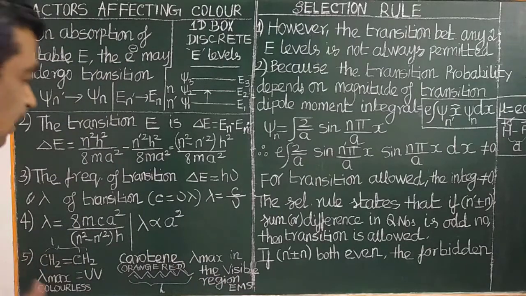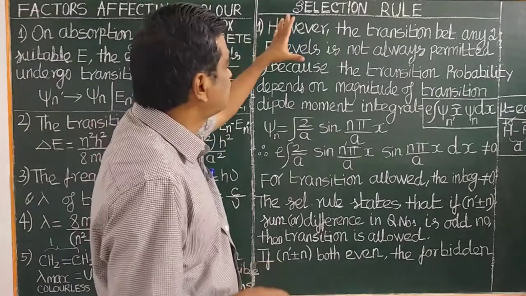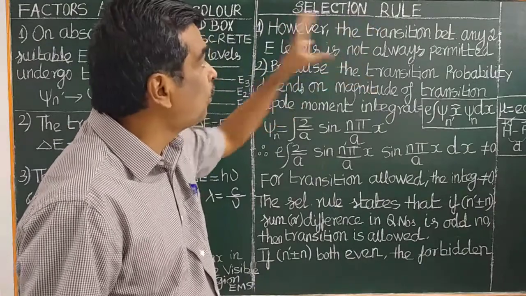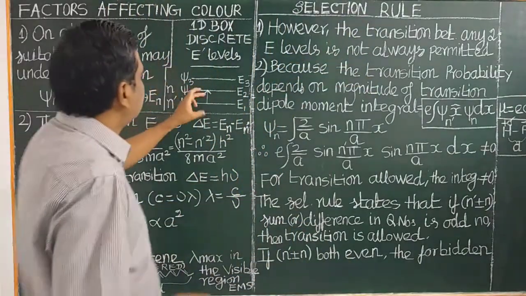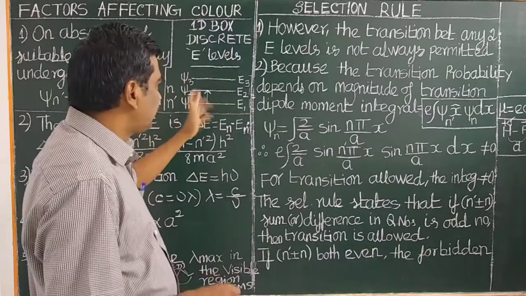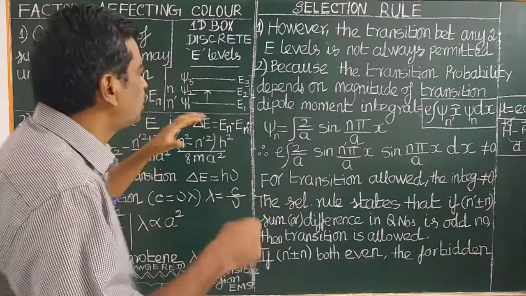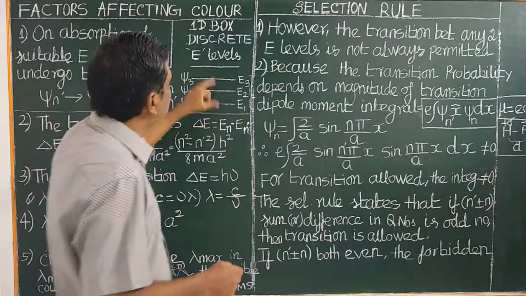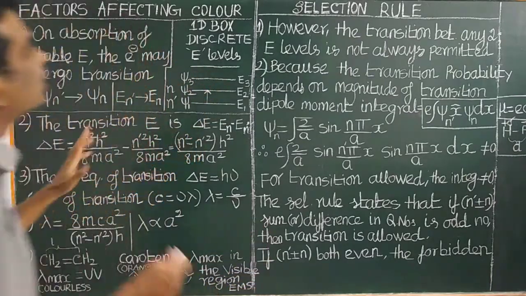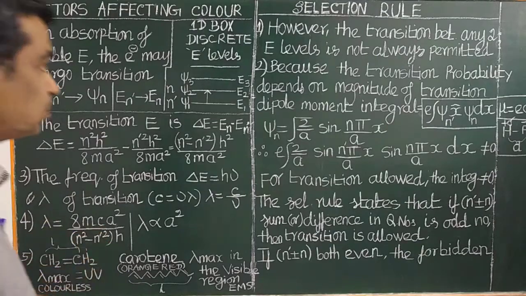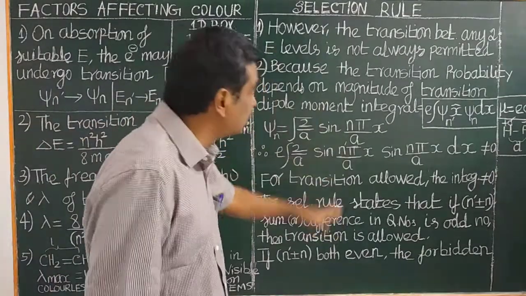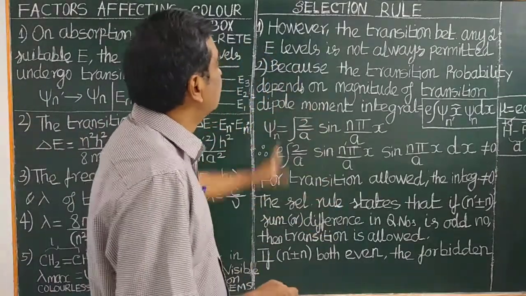It becomes colored. Now let us see the selection rule, how it is mathematically obtained. You know already that 1 to 2 is allowed because it is one step, delta n equal to plus or minus 1. 1 to 3 is not allowed because delta n is not equal to plus or minus 1. How is it proved, how is it mathematically obtained?